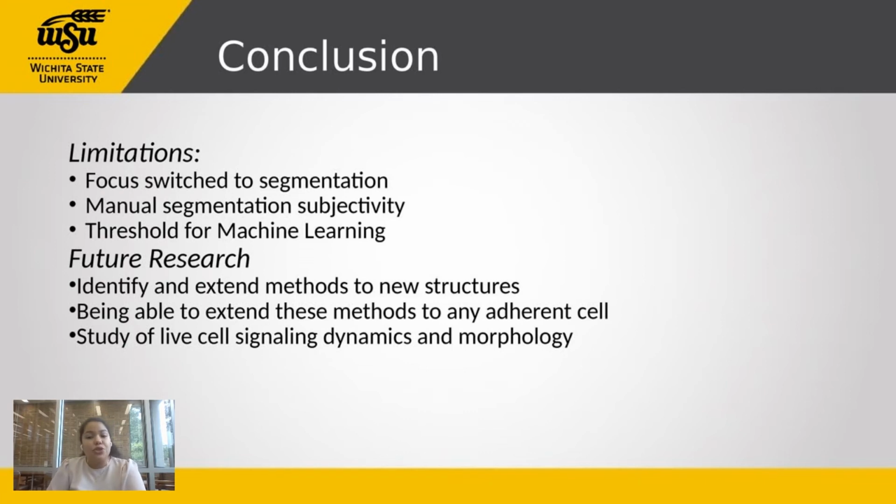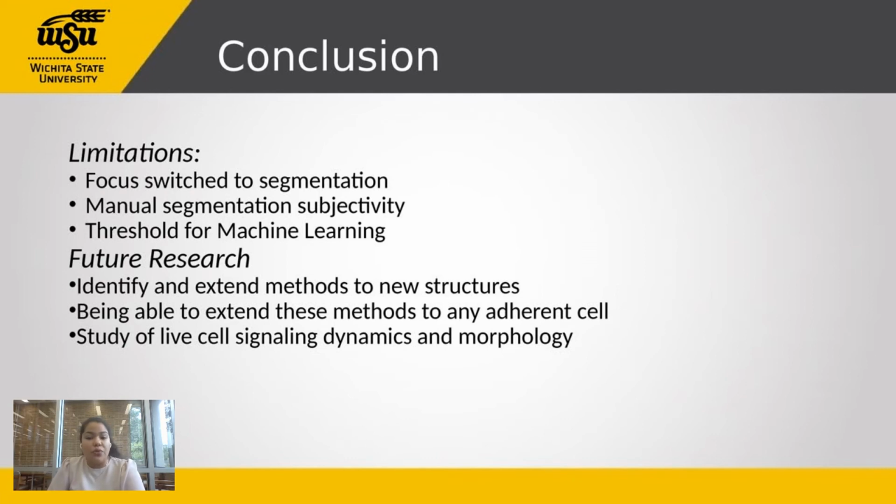For future research, we are looking into identifying and extending these methods to new structures in the cell, as well as extending these methods to any adherent cell, not just endothelial cells. Once the digital twin has been developed, we want to eventually study live cell signaling dynamics and morphology.